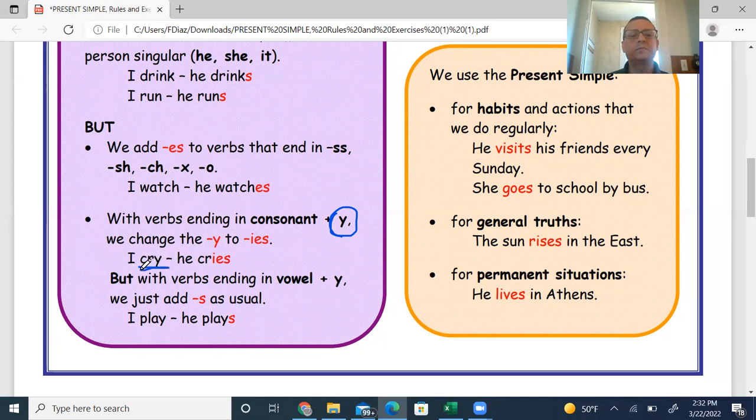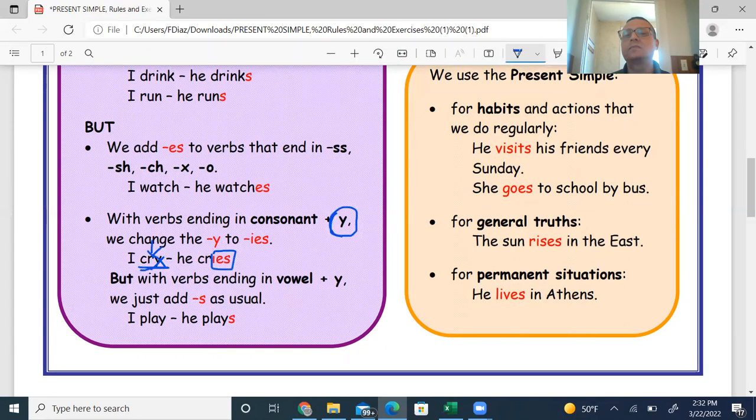Cry. So there's a consonant and an ending Y. So what I do is I remove the Y when I put it in the third person and I add IES. Okay?